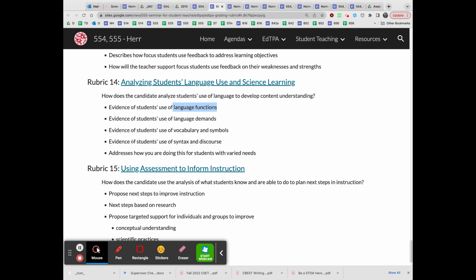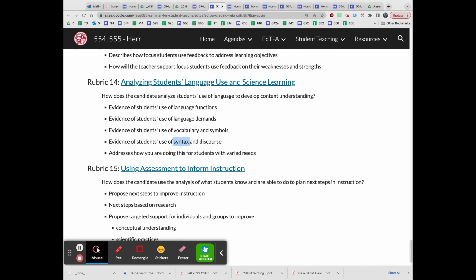And so as you go through this, make sure you have something which uses some of the content vocabulary and symbols, something that may use syntax, like, for example, in writing a chemical reaction, knowing how to use subscripts and superscripts and so forth, and which way the arrows go.